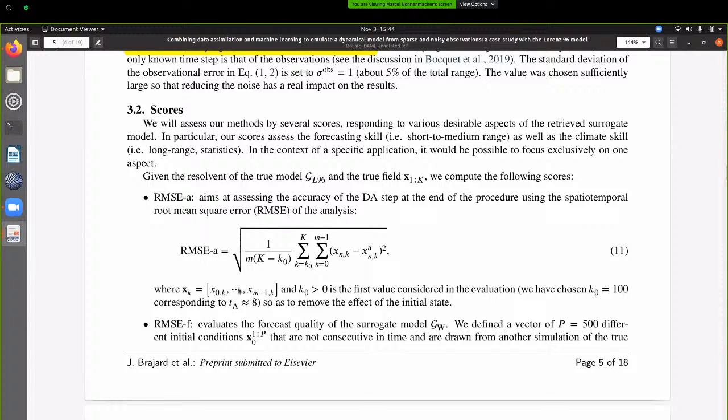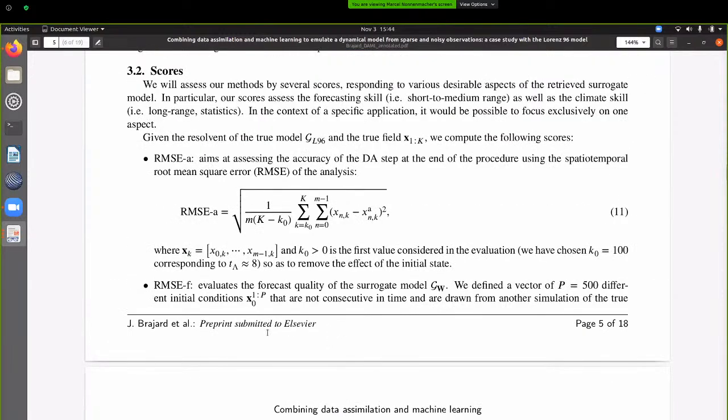You take your model and then you run EnKF on this, and this produces a full analysis state sequence. From k equals k0, which is the beginning, all the way to k, which in their case I think is 40,000. And then you average how close your reconstructed states are to the true states.